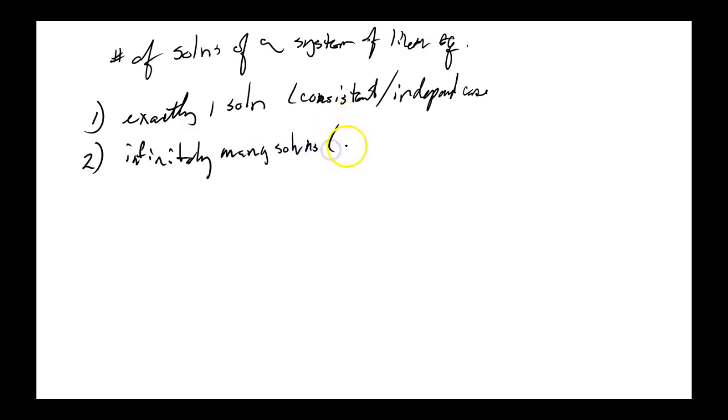Okay, that's again consistent because it has solutions. But now they're dependent. The two equations are dependent. One of them depends on the other. And the third. The system has no solutions.